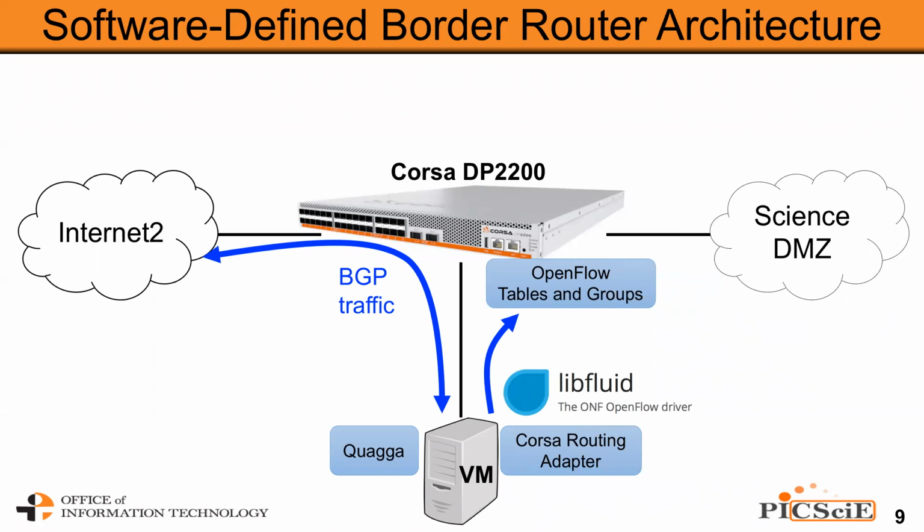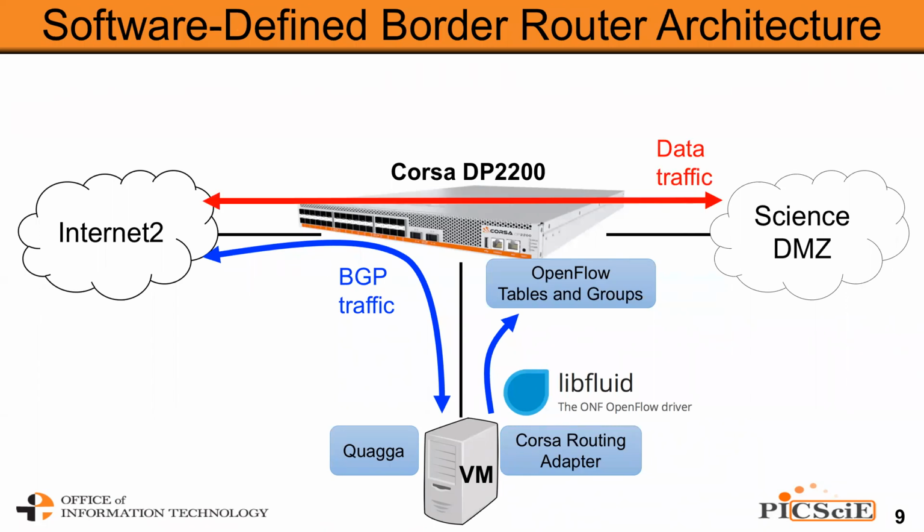When it does this, it uses a driver called libfluid, which is an ONF OpenFlow driver. So this is how BGP traffic and OpenFlow rules go through.